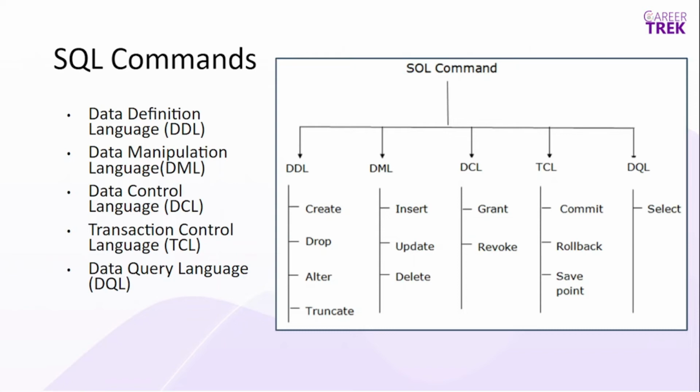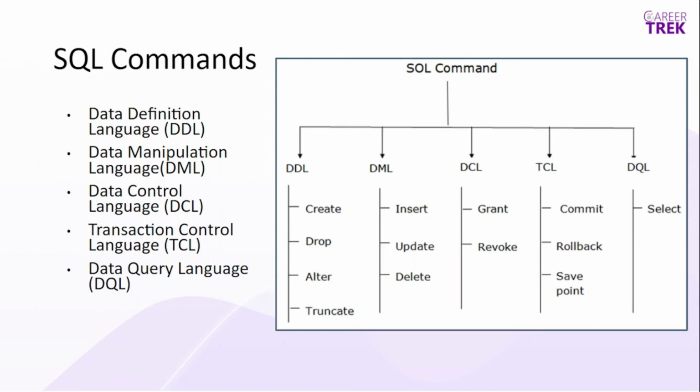The next type of command is Data Manipulation Language. By the word manipulate, we get to know that it's used to manipulate the data which is already stored in a database. Using these commands, we can either insert, delete or update the data which is already there in a relational database table. Then we have DCL, or Data Control Language. DCL includes commands such as grant or revoke, which mainly deal with the rights, permissions and other controls of the database system.